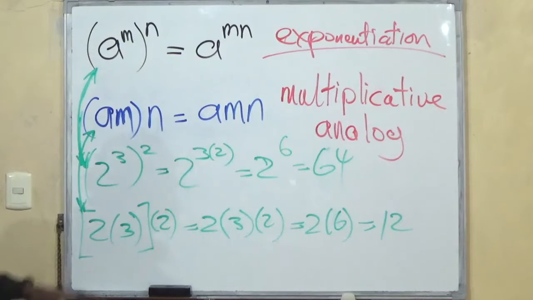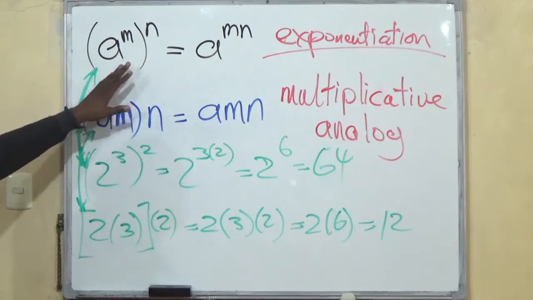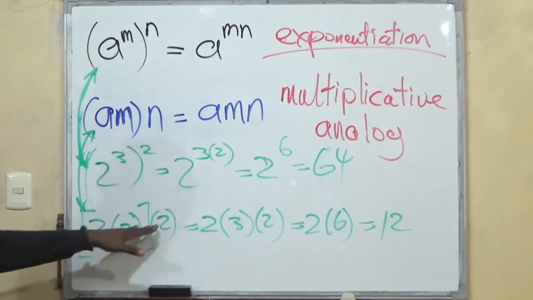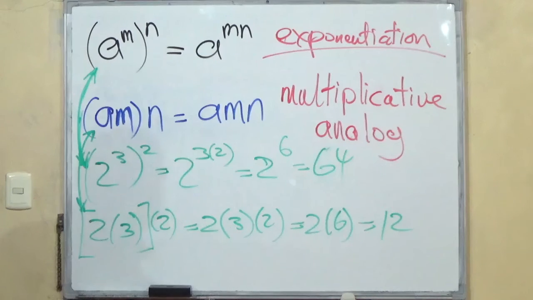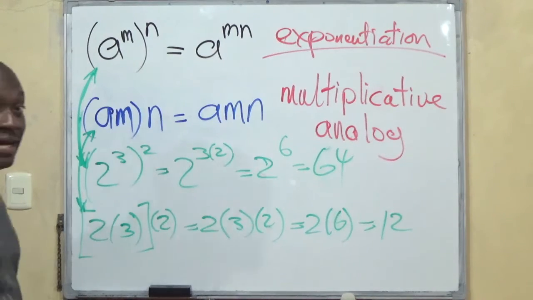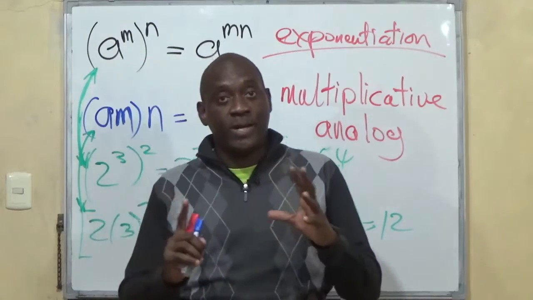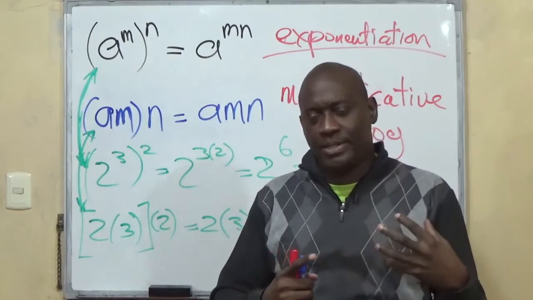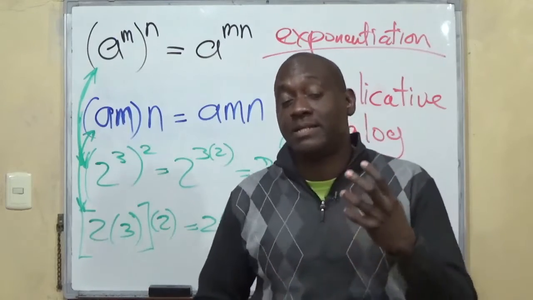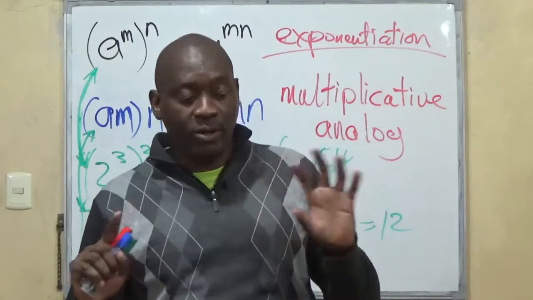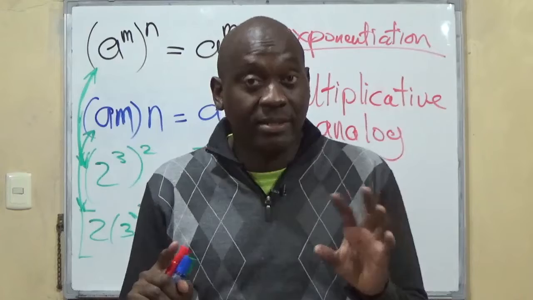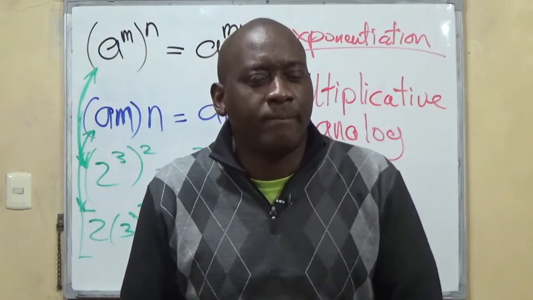Right? Somebody would see this and they might end up writing this. Just as I would have made the explanation in the video where I spoke about the difference between multiplication and exponentiation. Sometimes the cause of the error is as simple as how you write the thing, you know.